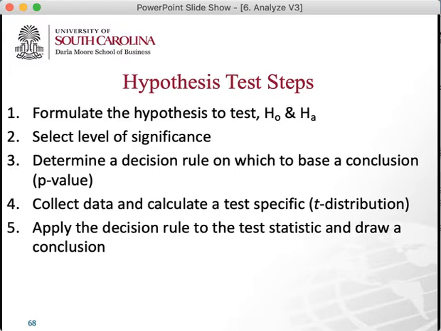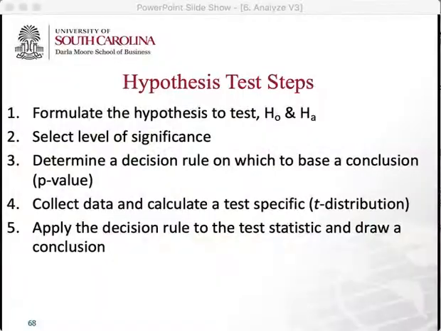The first thing we need to do is formulate the hypothesis: what I'm going to test, what will be the null hypothesis, which is the H0 here, and what will be the alternative hypothesis, which is the HA. We need to determine the level of significance, and that will determine the p-value. Hypothesis testing, as you remember from your stats class, is all about the p-value.